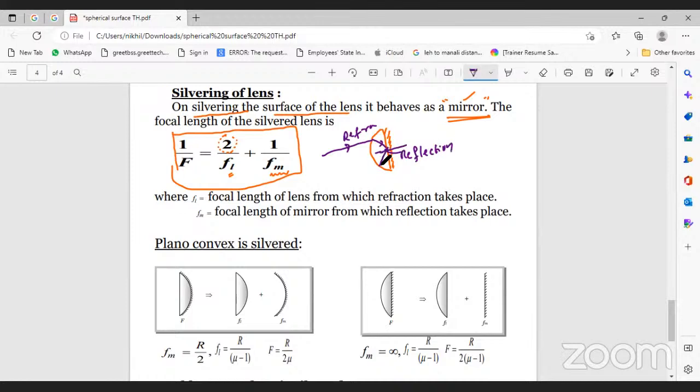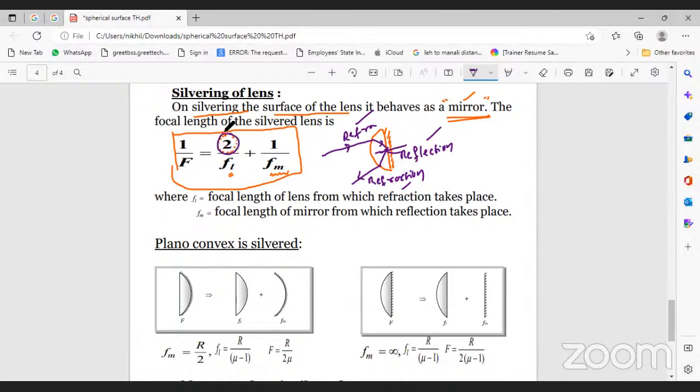After reflection, once again here it undergoes refraction, right? So how many refractions can you see in this phenomenon? Two times the refraction is taking place. One time the reflection is taking place. Because of that reason only we are writing 2 here.